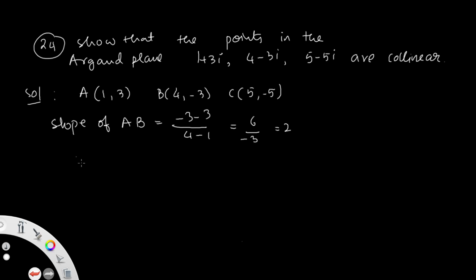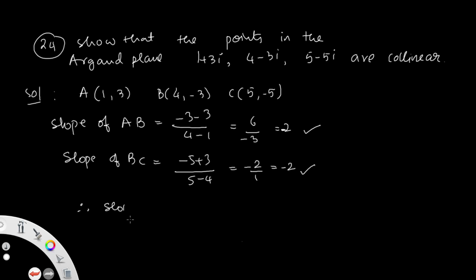Similarly, slope of BC is minus 5 plus 3 by 5 minus 4, that is minus 2 by 1, so minus 2. This is minus 2, this is minus 2. Therefore, slope of AB is equal to slope of BC.